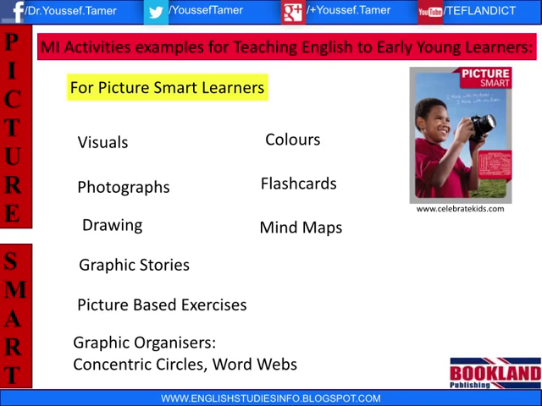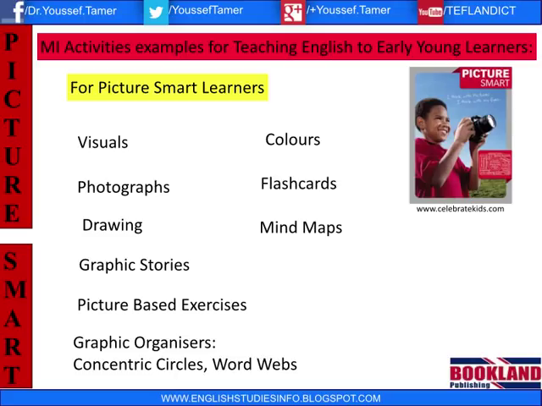Now, let me focus on each kind of intelligence and the kind of activities that we can have for this intelligence. So, for example, learners, kids who excel in spatial intelligence, who are picture smart, the activities we can have are visuals, colors, photographs, flashcards, drawing, mind maps, graphic stories.